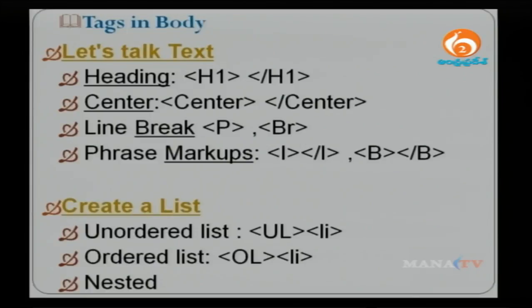As well as if you want to align the content to the right, you can use the right align tag here. Suppose you want to write some paragraph, write a p tag. And suppose you want to break from one paragraph to another paragraph, use the break tag. So these are the different things.